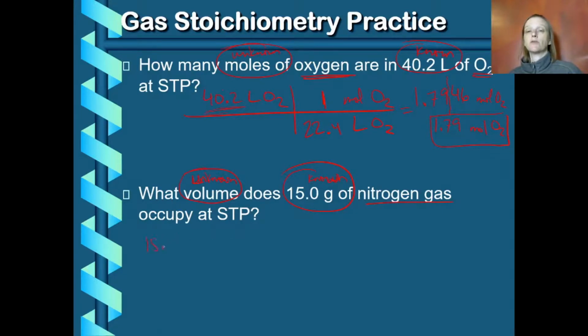So if I start with 15.0 grams of nitrogen gas, I want to get rid of grams of nitrogen gas. I would love to go straight to a volume in liters, but I can't. I have to go to moles first. And I know that 1 mole of nitrogen gas has a molar mass of 28.02 grams of nitrogen gas.